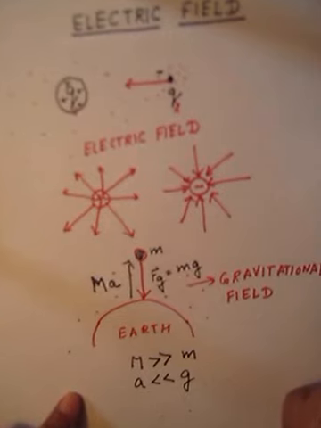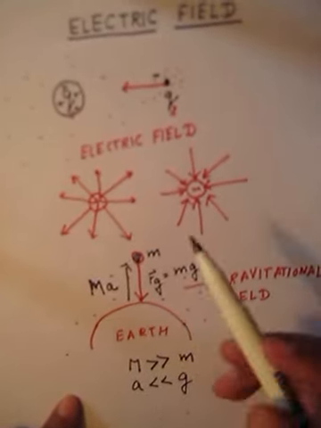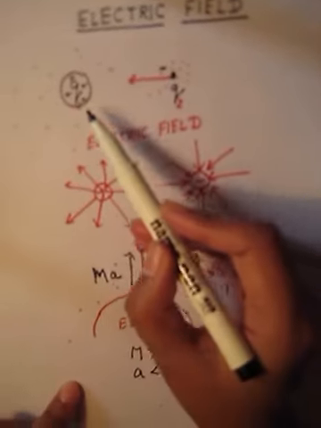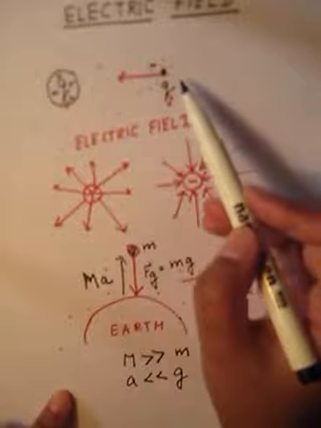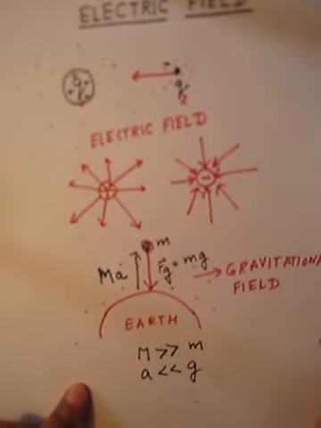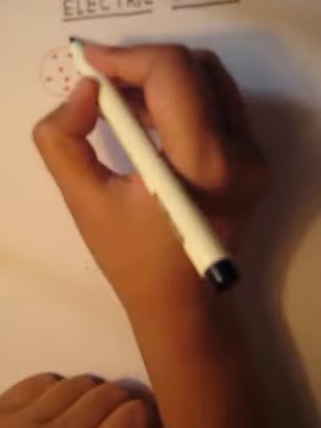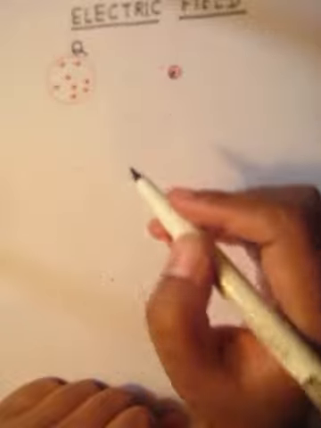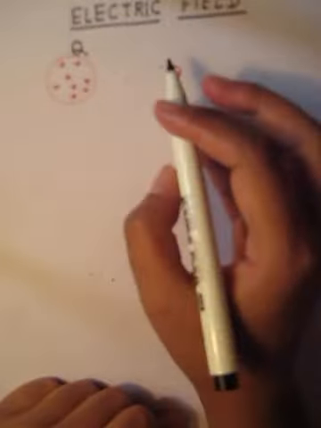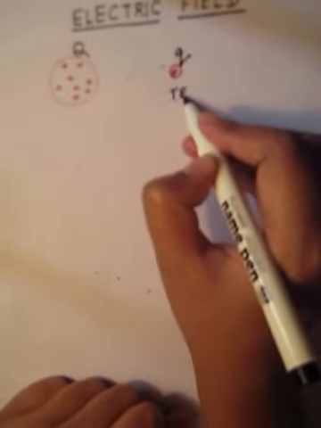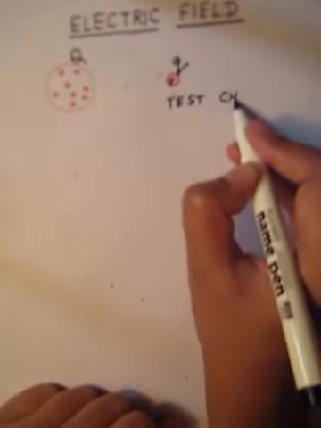So, in a similar manner, like every mass has a field around it, every charge will have an electric field around it. Let us say that you have a large amount of charge in this sphere, the total charge is capital Q, and you bring a small test charge around it, a very small charge, and we call it the test charge.